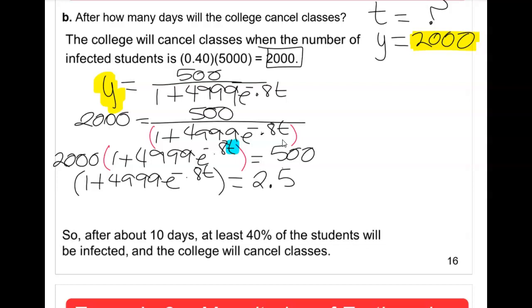Okay, so now we are going to take the positive one from here across the equal sign. So now we will have 4,999 e to the negative 0.8t equals 2.5 minus 1, so that is equal to 1.5.